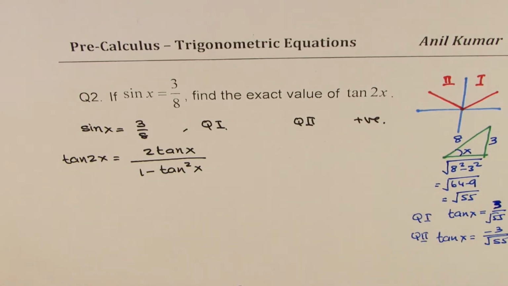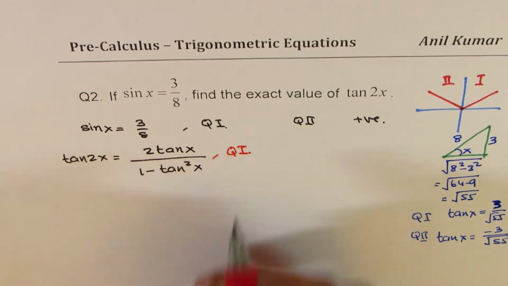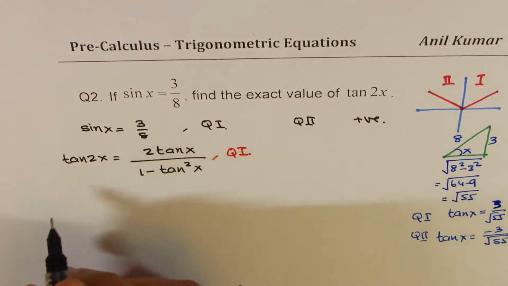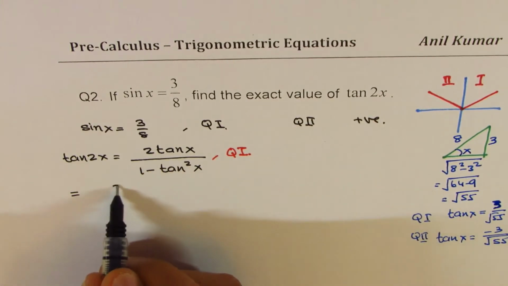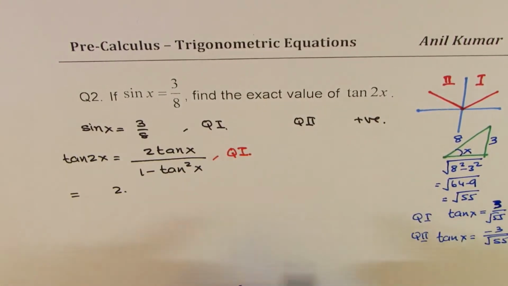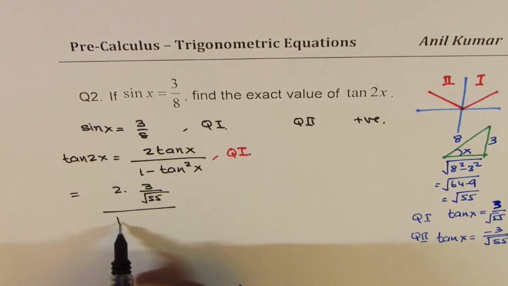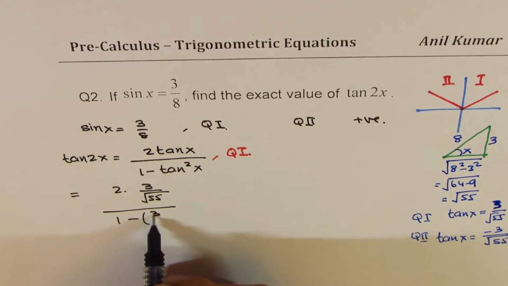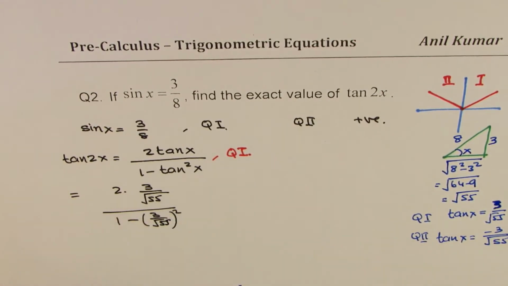So let's do quadrant 1 first. So in quadrant 1, we can write tan 2x as equal to 2 times tan x, which is 3 over square root of 55, divided by 1 minus 3 over square root of 55 whole square. Perfect.